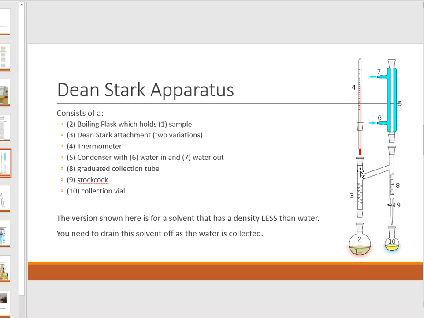Sometimes the thermometers are used, sometimes they're not. But in this picture, they're using a thermometer. Their Dean-Stark allows that to happen. And then this vapor will go up the neck, and then it will travel over to the other side into this, what looks like a graduated cylinder, right? It's got some markings on it like a graduated cylinder, but then down here below, it's got this tip and a stopcock.